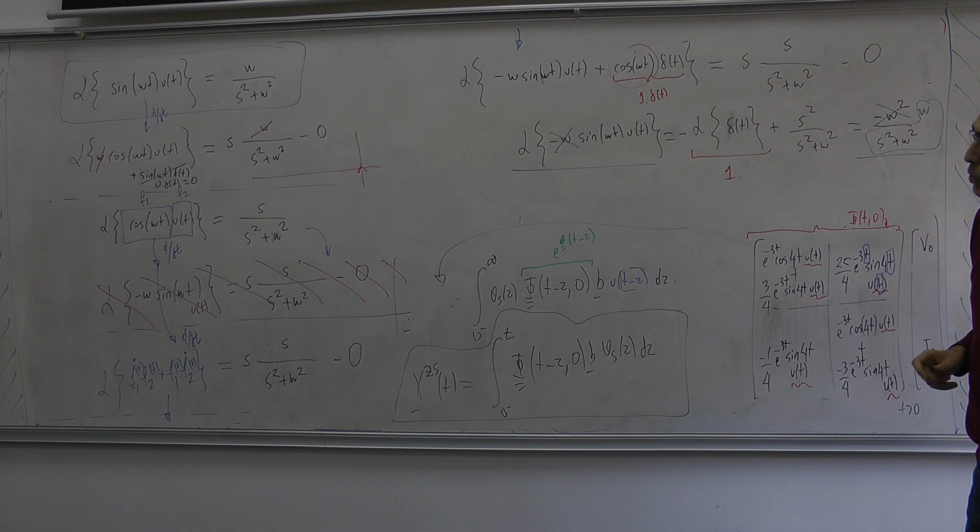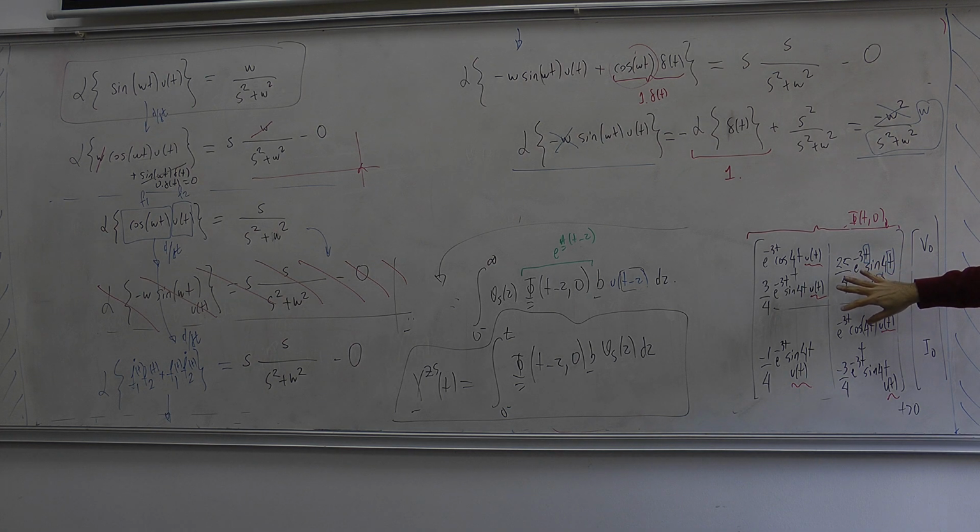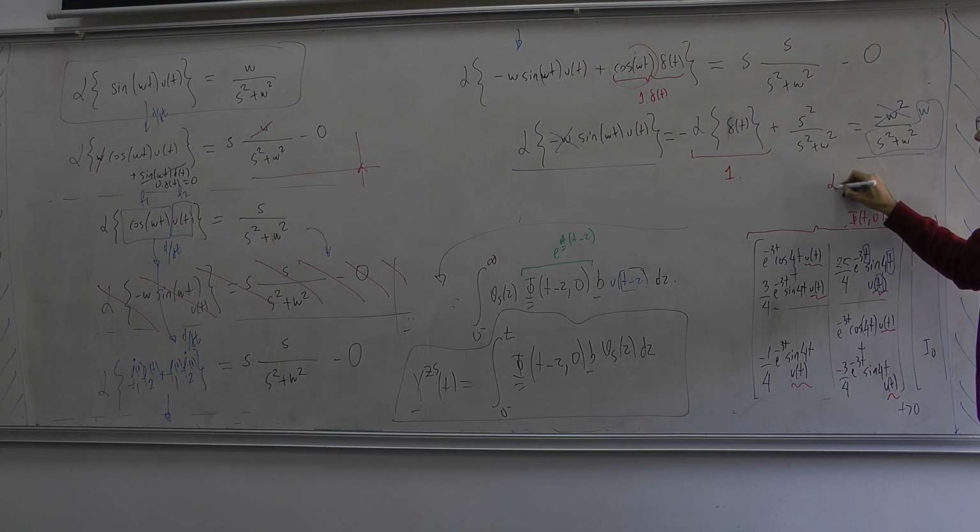So what have we learned? Actually, we have learned quite important things. This is a state transition matrix. We have previously calculated the state transition matrix using eigenvalues, eigenvectors, etc., for diagonalizable matrices. Right now we have a new method. I can calculate this in the Laplace domain through this general method.